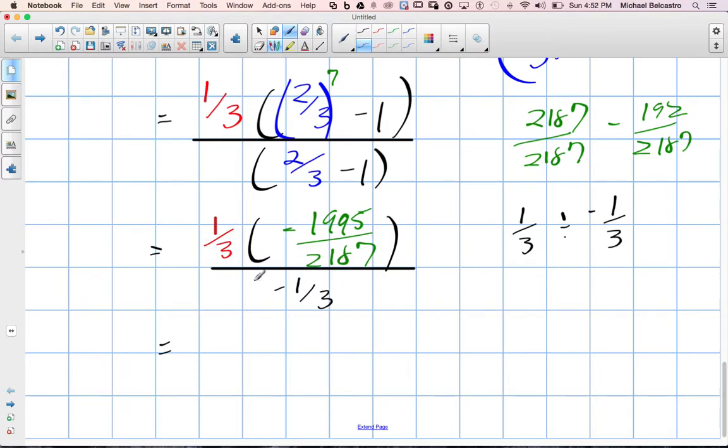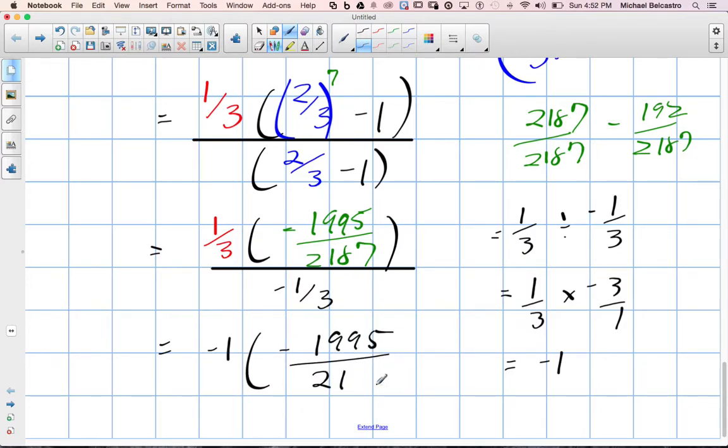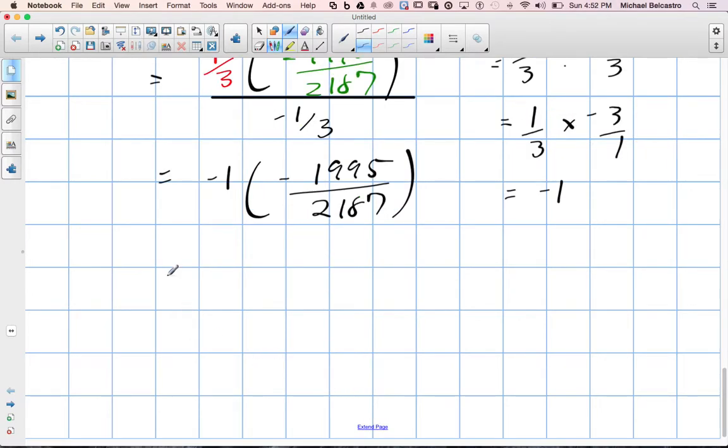I can actually just deal with that first, okay? And we invert and multiply. So I'm using my fraction rules to help me out a little here. We get negative 3 over 3, which is negative 1. So now I have negative 1 times this fraction. The fraction just stays the same. So it saved me a lot of fractional work there. And a negative times a negative is a positive.